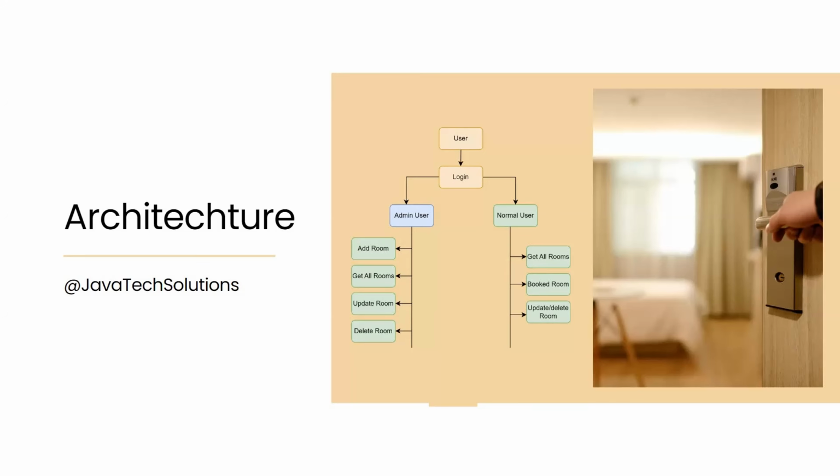So let's create the project, import it into our favorite editor and do the development, and also discuss how we need to implement different things for achieving this hotel room booking system using Spring Boot and Angular. So without further ado, let's create the project and import it into our editor.